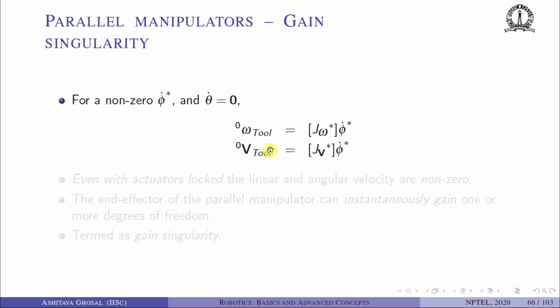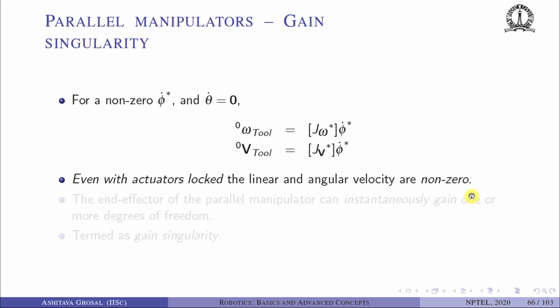So for this non-zero phi dot star and theta dot equal to 0, we can substitute back in the expression for the angular velocity of the tool and the linear velocity of the tool, and we are now left with terms containing phi dot star. So it will be j omega star into phi dot star, and linear velocity is jv star into phi dot star. So what do we have? Even with the actuators locked, the linear and angular velocity of the tool coordinate system are not 0.